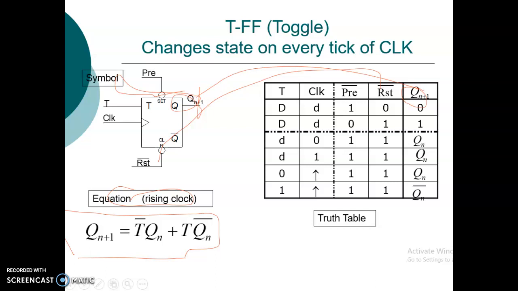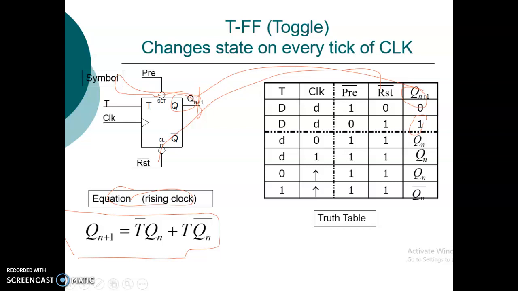Here D data, clock also data, 1 0 output 0, D 0 1 1, here only output 1, and then D 0 1 1 Qn, D 1 1 1 Qn, 0 rising edge, tick the clock, 1 1 Qn, and then we are getting Q bar n, 1 rising edge 1 1.